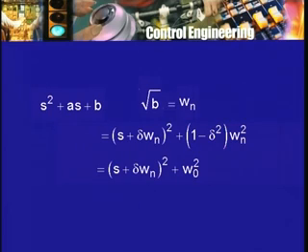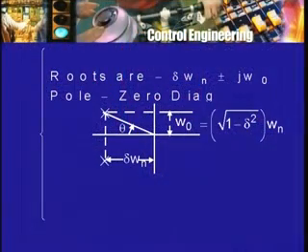Now in this case, when delta is defined this way, the limits of delta will not be between 0 and infinity as they were in the earlier case, but will be between 0 and 1. Going back to the figure once again, you will see that the real part is delta omega n, the imaginary part which is omega 0 is square root of 1 minus delta square into omega n, and therefore when delta is very close to 1, the real part will be much greater than the imaginary part, and when delta is close to 0, the real part will be much less than the imaginary part.